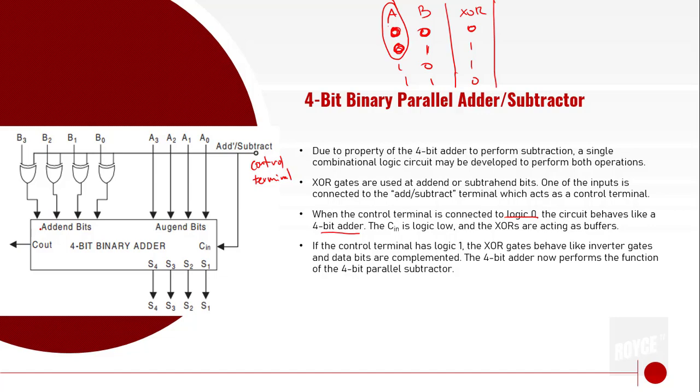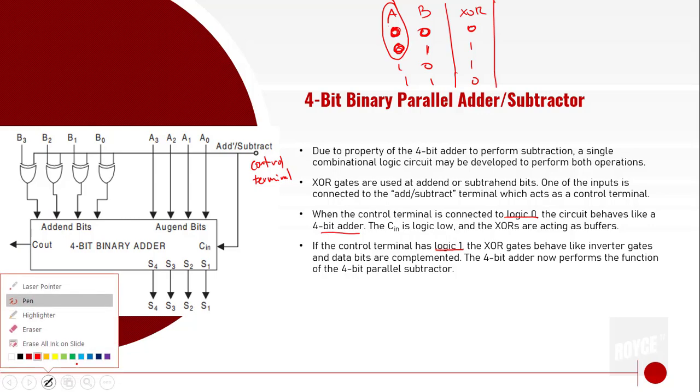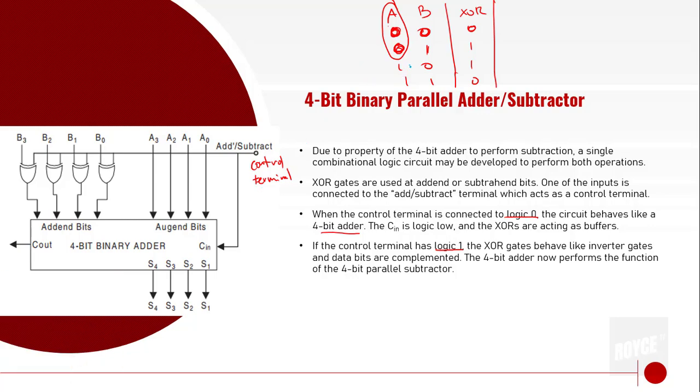Pero pag ito ay naka-logic 1, anong mangyayari? Pansinin nyo to. Pag naka-logic 1 ng control terminal, anong nangyayari sa value ng B? Pag 0 ang B, i-output niya 1. Pag 1 ang B, i-output niya 0. Now, it is acting like an inverter. Yung XOR gate natin.